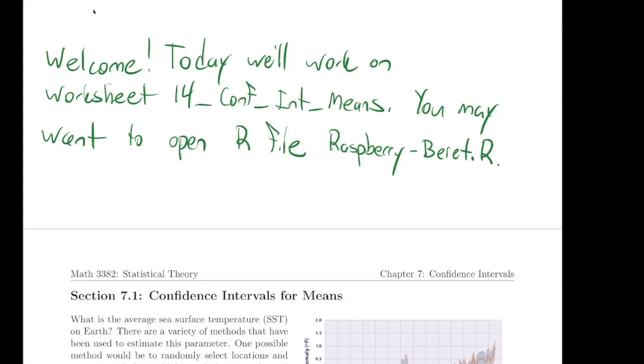Now we're going to talk about more classical methods for confidence intervals, and we'll be using built-in formulas in R. So we won't be creating bootstrap distributions, but we're still doing the same thing in the end, which is trying to come up with an interval estimate for some population parameter whose value we don't know.